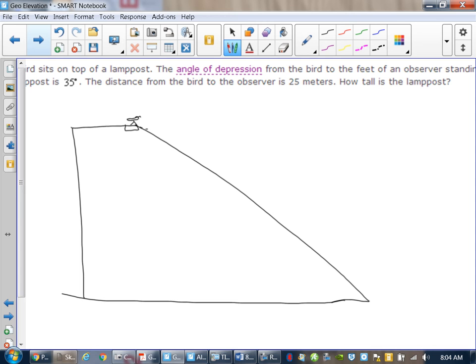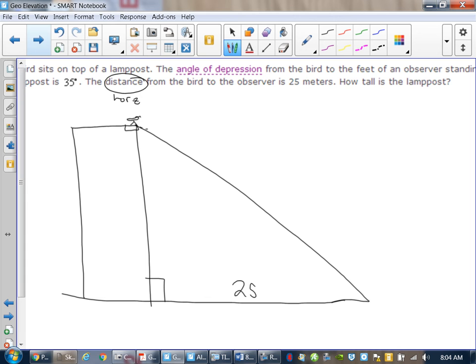You want to figure out how tall the lamppost is. Wait, the person is standing directly underneath the bird? I hope not. Let's just say that this is the horizontal distance, and it's 25 meters.